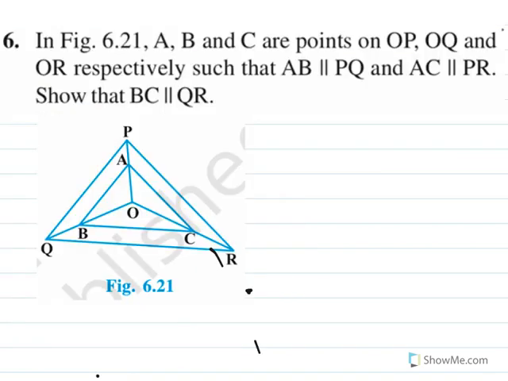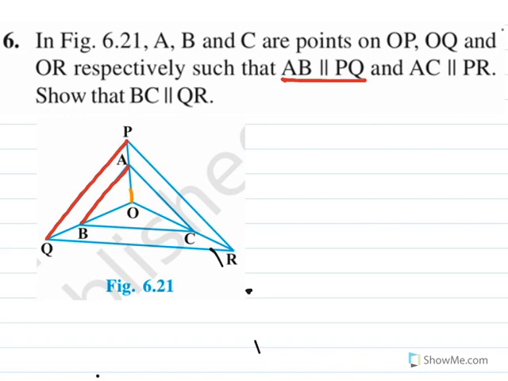In figure 6.21, A, B, C are points on OP, OQ and OR respectively, such that AB is parallel to PQ, AC parallel to PR. Show that BC is parallel to QR. We'll first take up AB parallel to PQ. So we mark that. We have AB parallel to PQ.